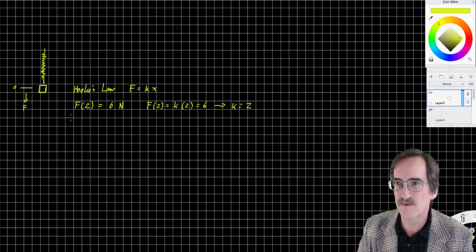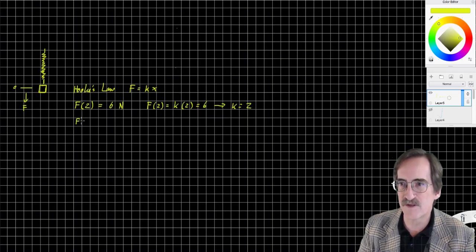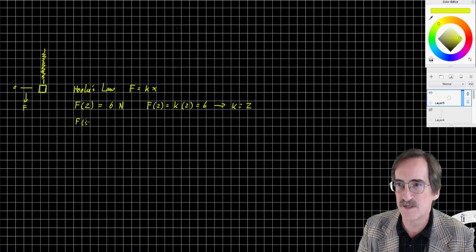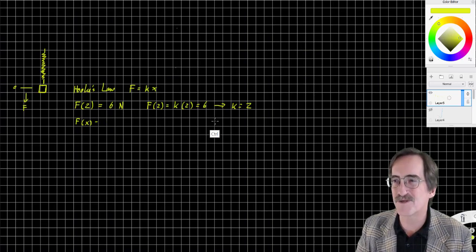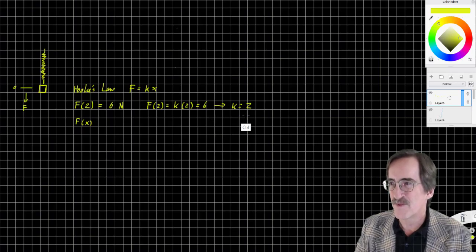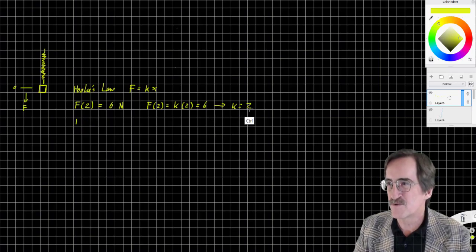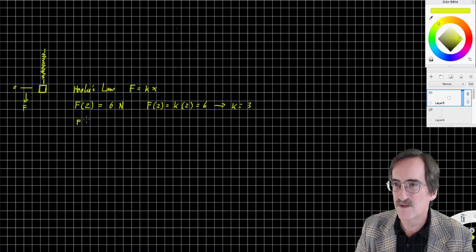So we can specify a specific function, F of x equals 3x. No, I'm sorry, 6 divided by 2 is 3. 6 divided by 2 is 3.